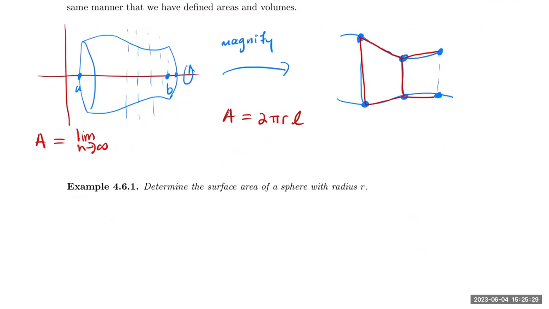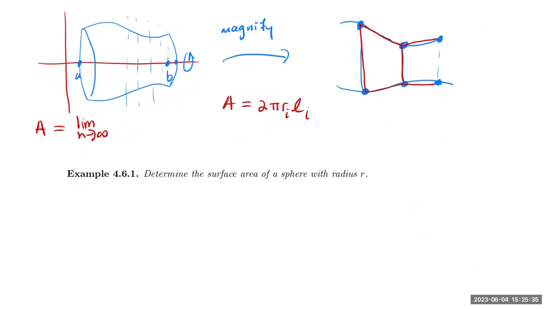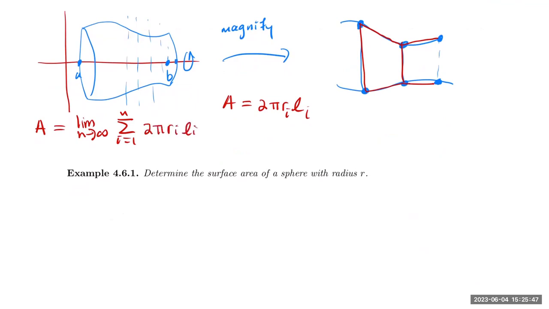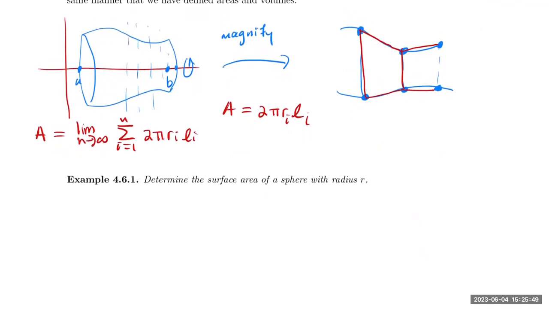So say we have Ri, Li instead. Okay, so then we would just have the sum from i equal to 1 to n of the area, which is 2 pi Ri Li.